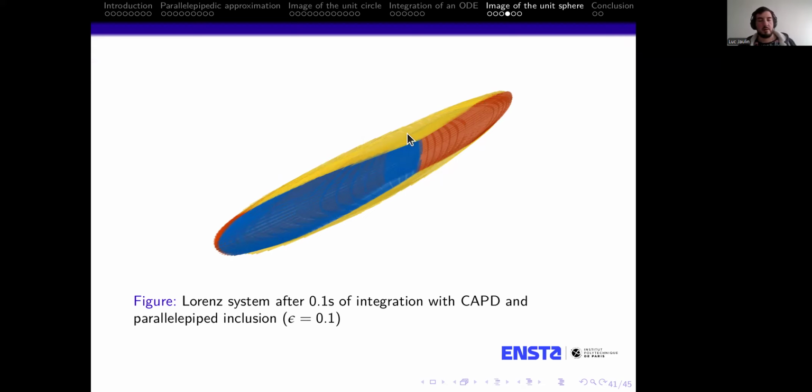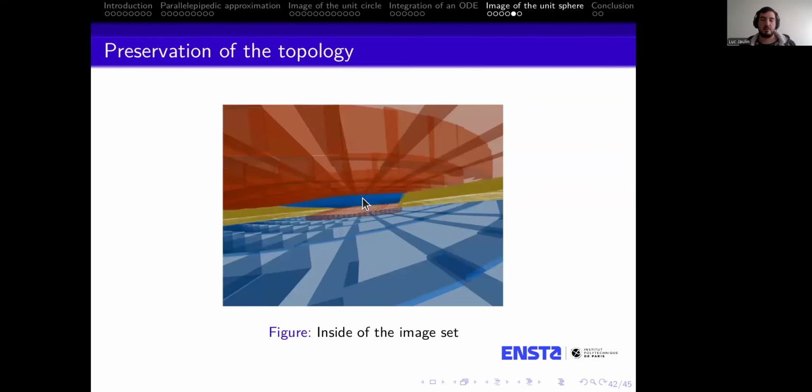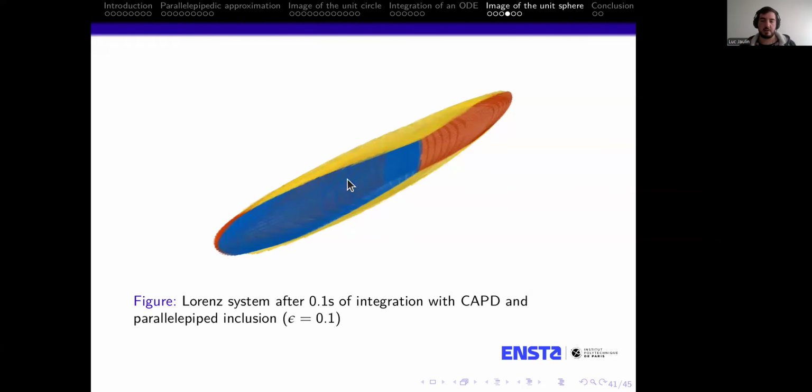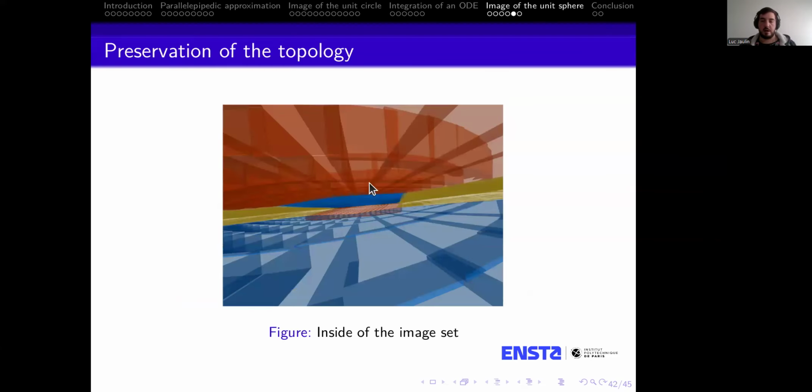And the main advantage of this method is that, as you can see here, this is a view from inside of the image set. We are still able to determine the inside and the outside of the image set, meaning that we preserve the topology of the image set.